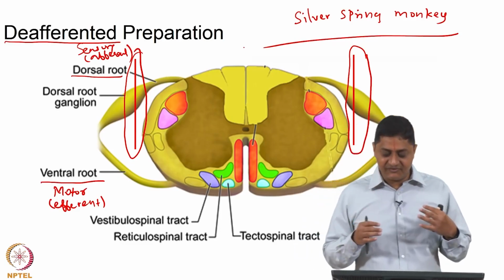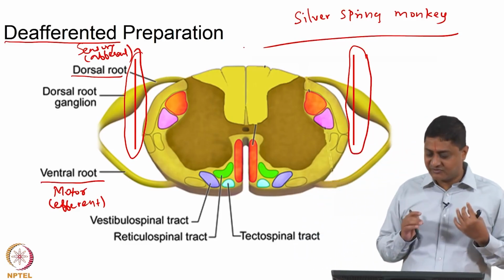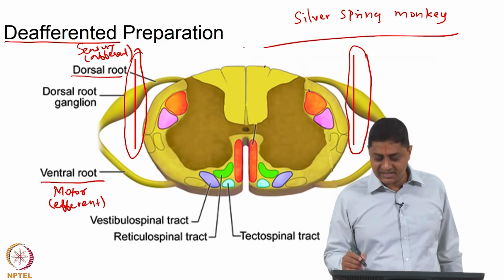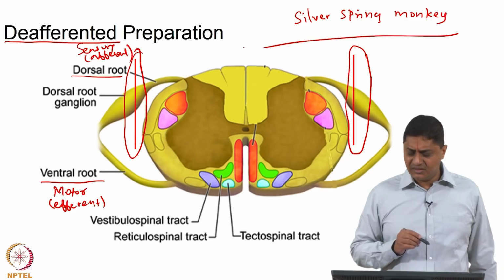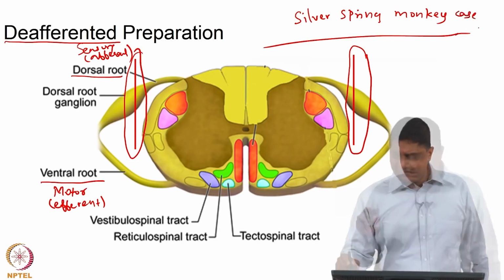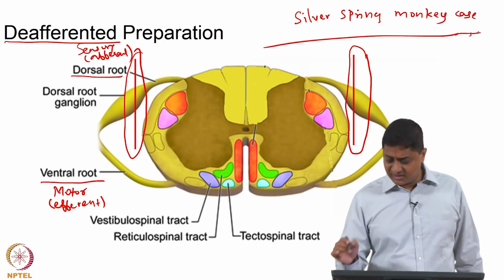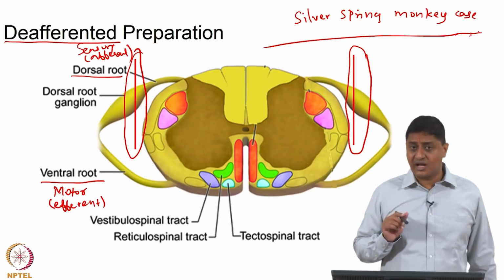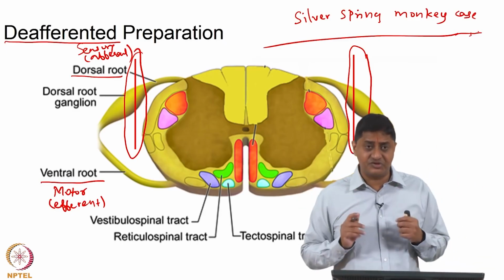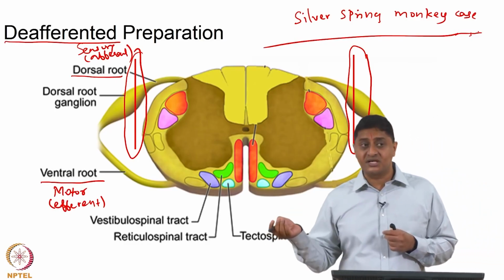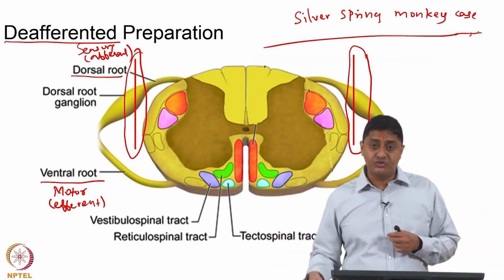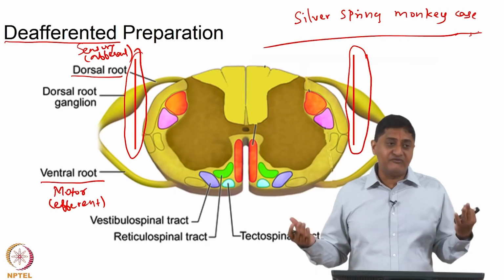How it leads to plasticity was the controversial experiment that was performed in the 1970s and 1980s in the lab in Silver Spring. There are several problems that come with deafferentation: absolutely no sensory information. That means if this part of the body is hurt or injured, pain cannot be felt.